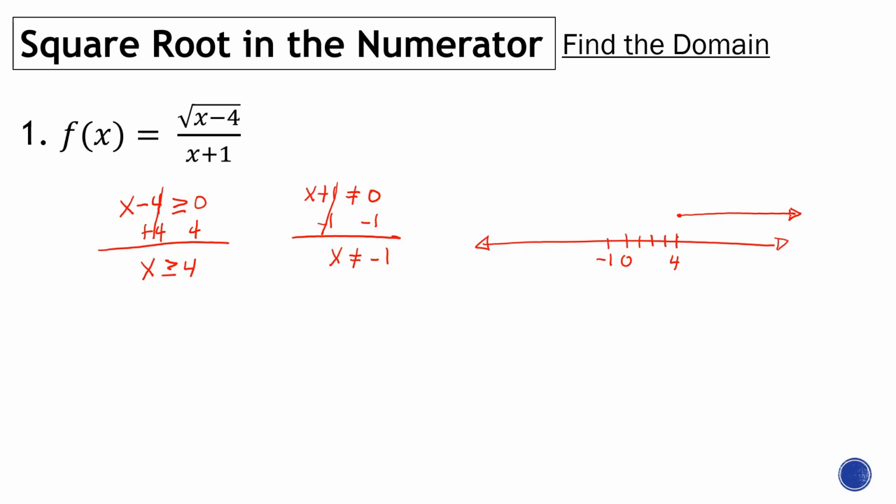Now for the second domain, x is not equal to negative 1, which means all real numbers except negative 1. So I will make a circle here, which means negative 1 is not included. All the numbers on the right side of that are included, and all the numbers on the left side of that are included.